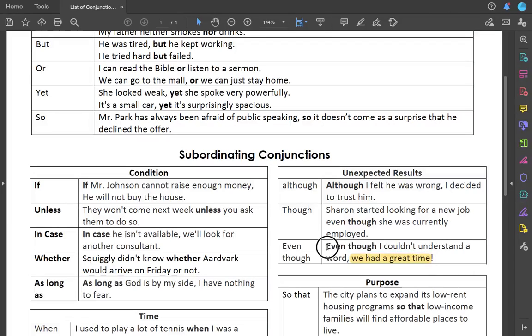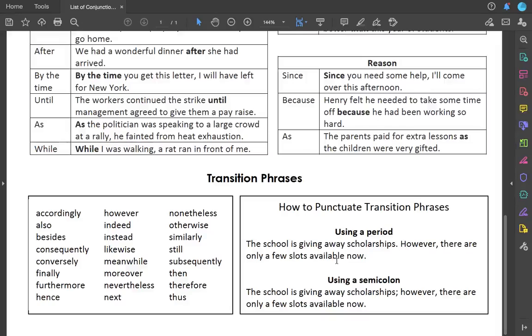So that's why if you put it at the beginning, you have to use a comma. The same way you have to use a comma when you use a transition phrase at the beginning of a sentence, just like this: "However," comma, because this is the main sentence, the main part of your sentence, right?